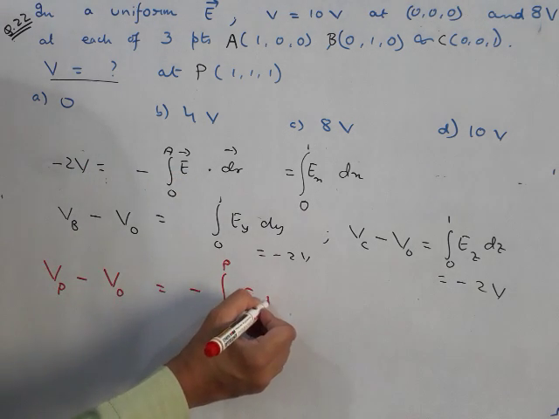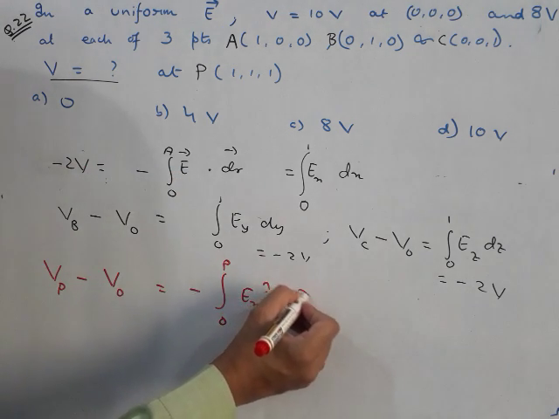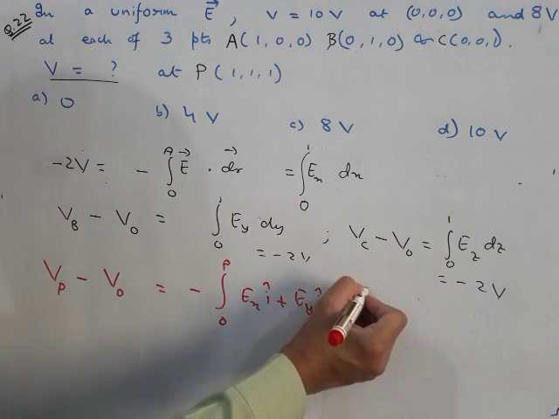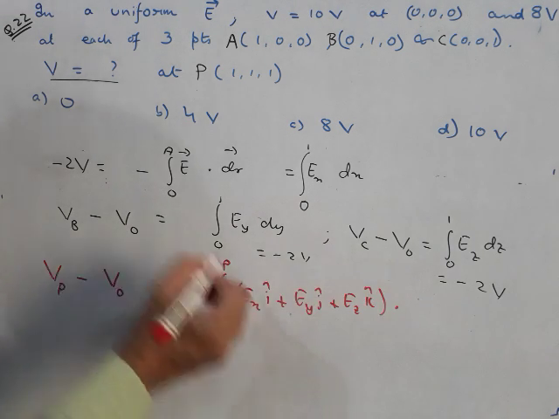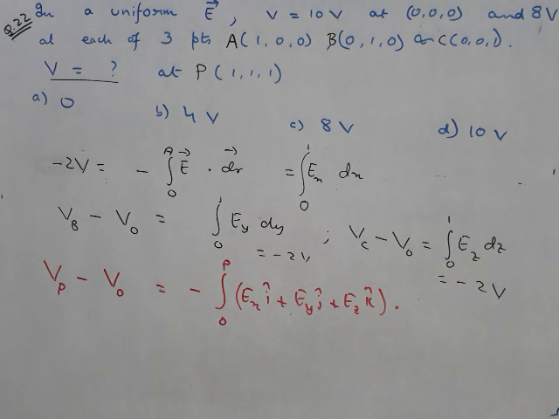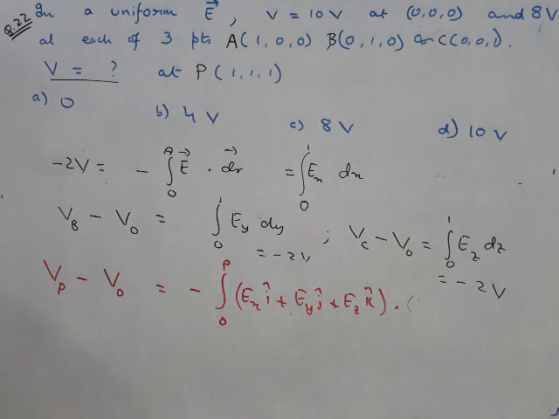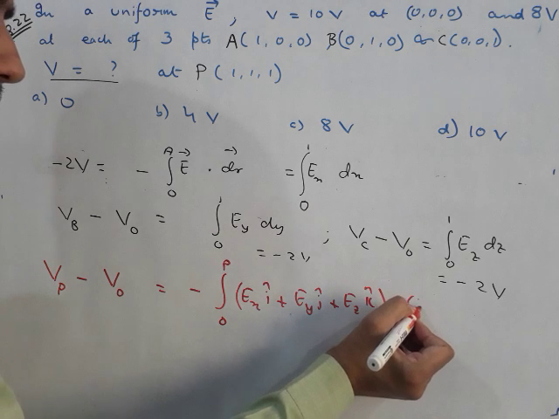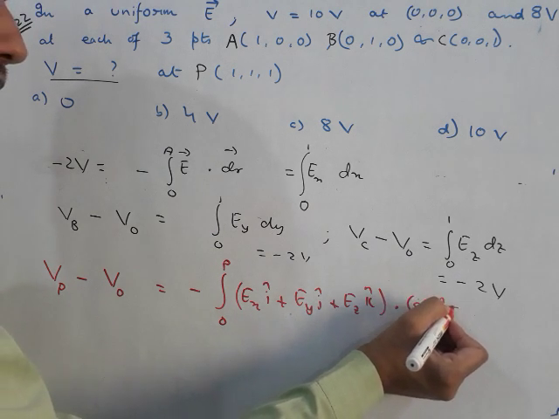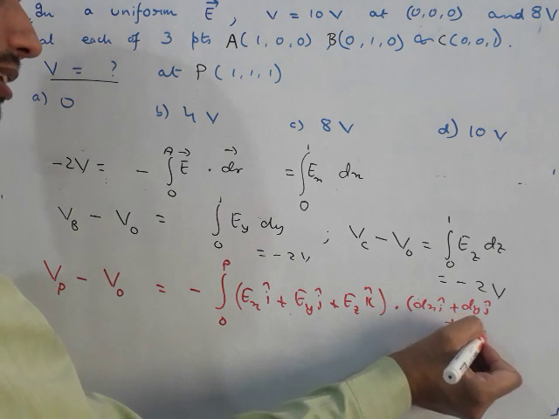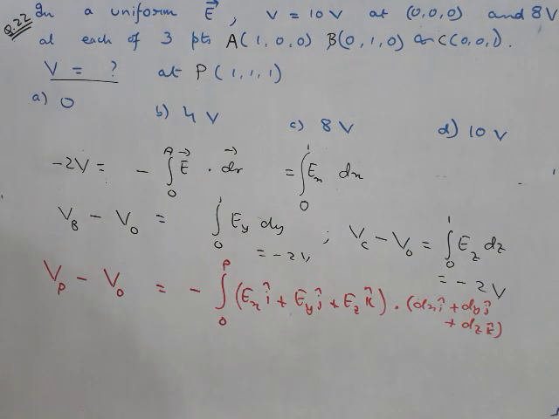E vector we will write as Ex i cap plus Ey j cap plus Ez k cap, and then dot product with what? dr vector. How much will be our dr vector? Our dr vector is dx i cap plus dy j cap plus dz k cap.